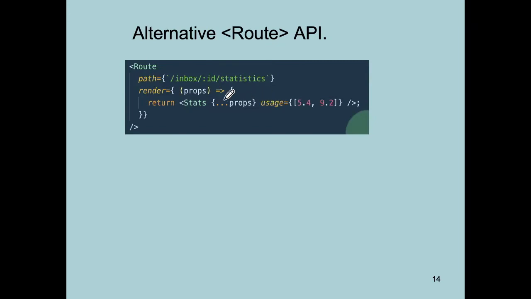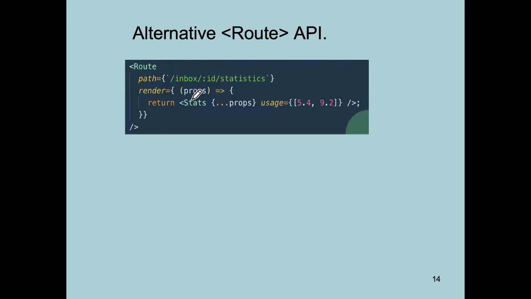The other stuff over here is a bit tricky, but really all that's happening is, the route component itself will receive props, and we want to pass those props down to the stats component.